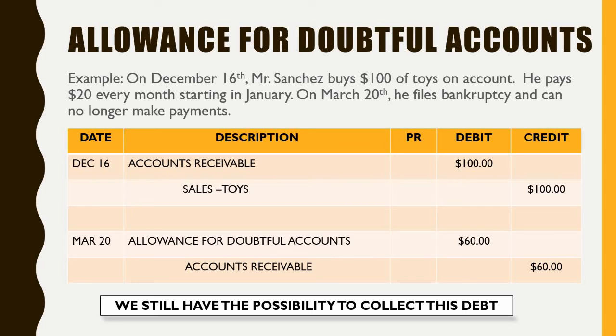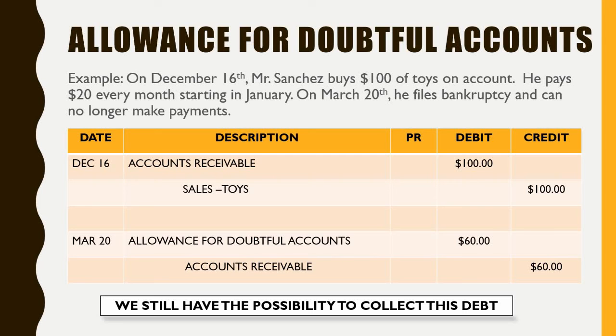So there it is. And then as every single month happens, we would reduce his accounts receivable because he's making payments. He made a payment in January, he made a payment in February, and then all of a sudden in March he files for bankruptcy, and some bank collectors will tell you to get rid of whatever account this person has.